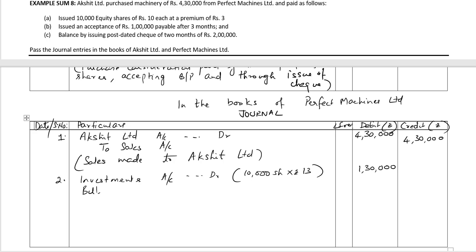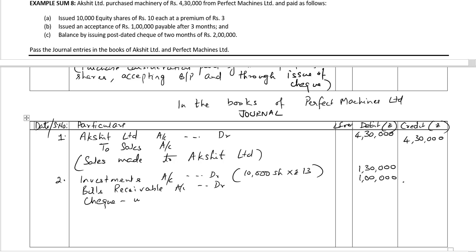Bills receivable account, debit amount 1 lakh rupees. Check in hand account, debit 2 lakh rupees. To debtor's name Akshit Limited account, totally 4,30,000 rupees.